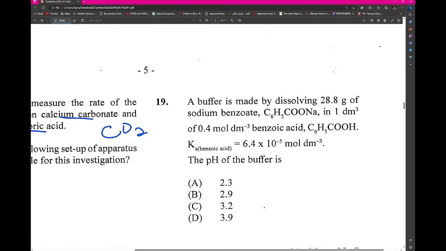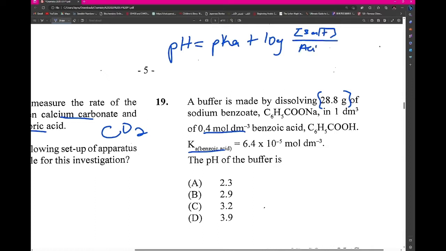Here we'd use the Henderson-Hasselbalch equation after we found the molar concentration here. Right, so after we find the molar concentration of sodium benzoate, we already have the concentration here, we have the Ka, so we can find the pKa. So remember that in the Henderson-Hasselbalch equation, pH is equal to the pKa plus the log of the salt ion concentration over the acid concentration, right?